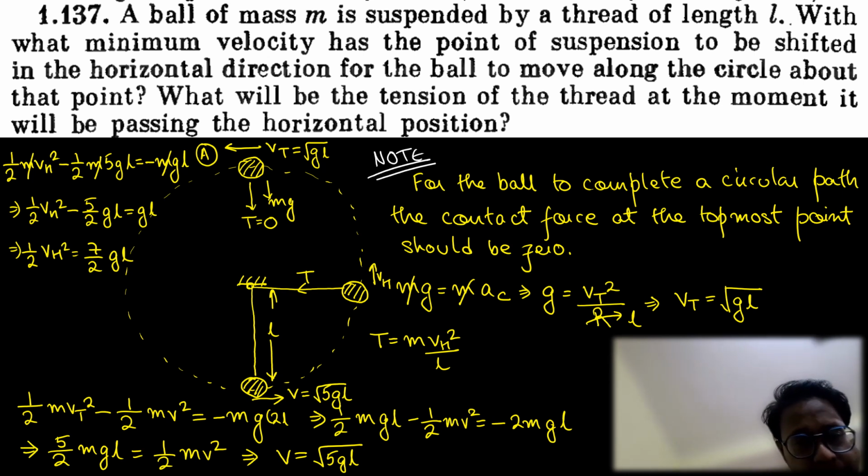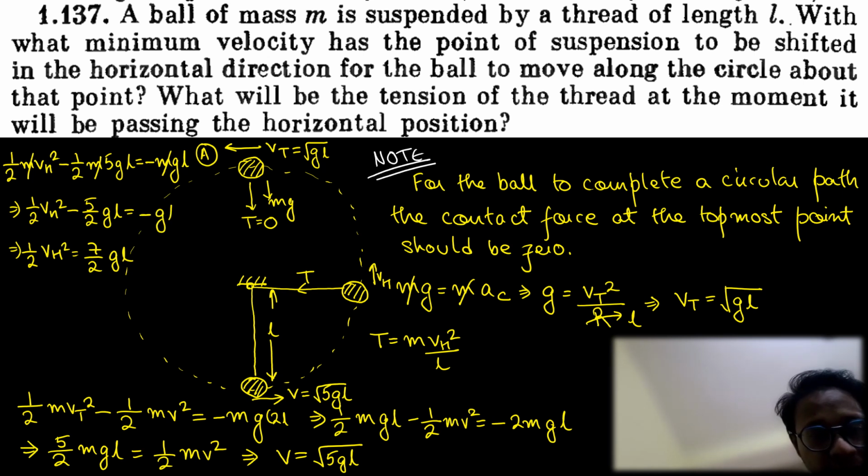I made a little bit of mistake out here. I forgot to take the minus out here. See, minus mgl. So here it would be minus gl. Let's rectify this.